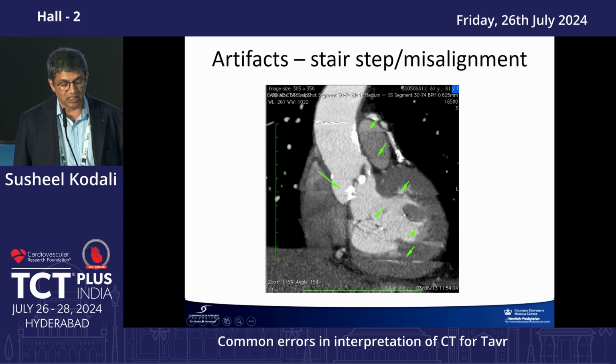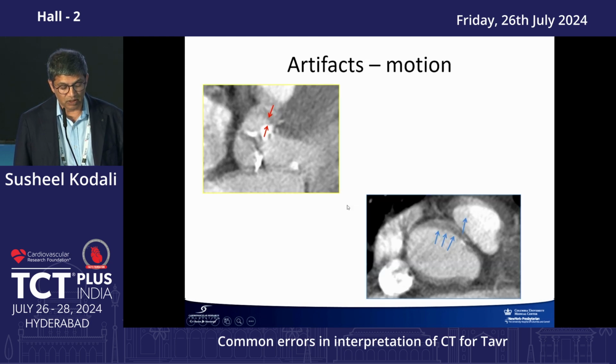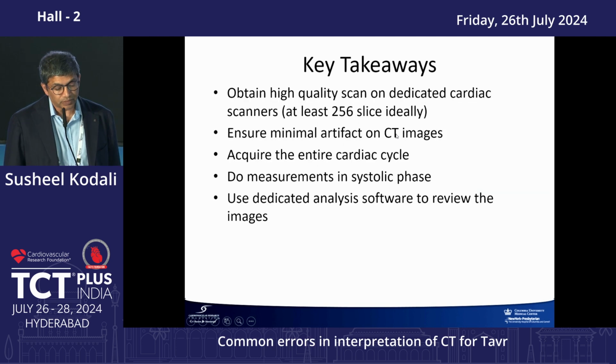This is what you get, the step misalignment or stitch artifact, right? You combine multiple volumes, and this volume here is going through the annulus. If you do that, you can get a step artifact when you combine multiple volumes, and you can missize the annulus. This is motion artifact. If someone couldn't do a proper breath hold, that's an important component as well.